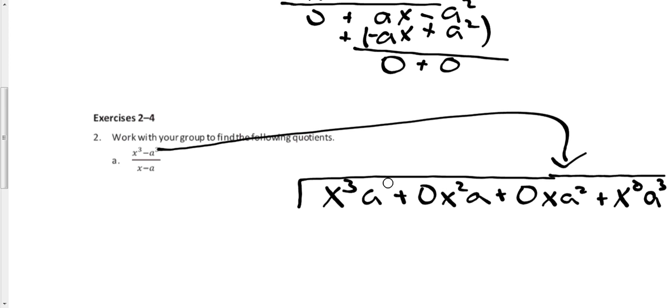So that goes away. We'll just pretend that's not even there because it's just 1 times x cubed. Okay? Same thing goes with my x, right? X to the 0 is going to be 1. Oh, except that should be a minus. I'm sorry.